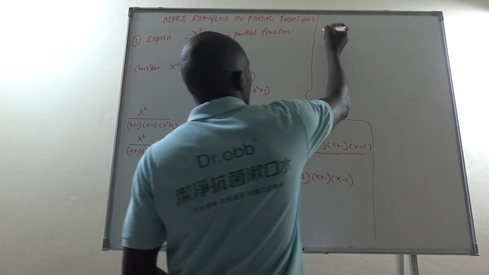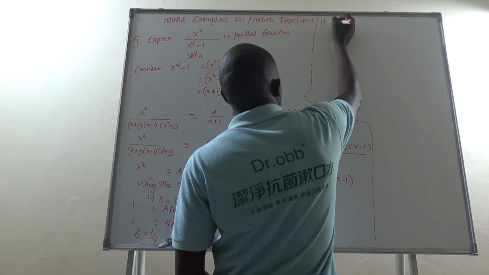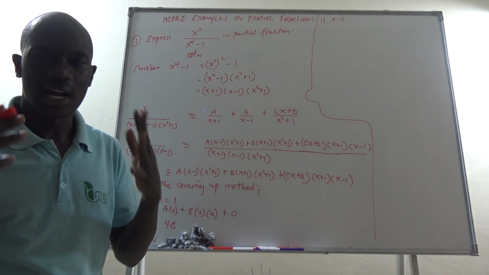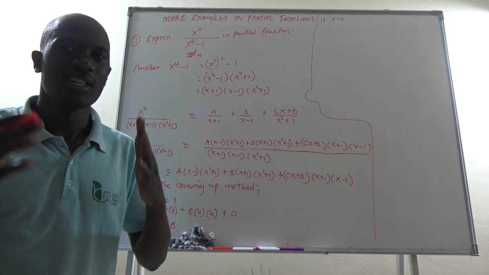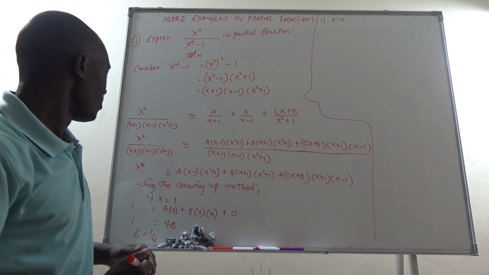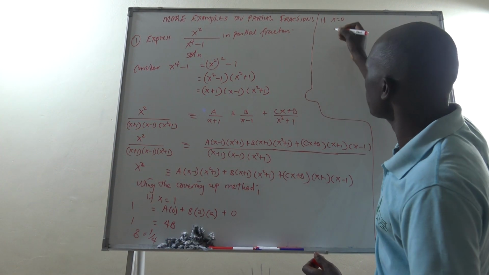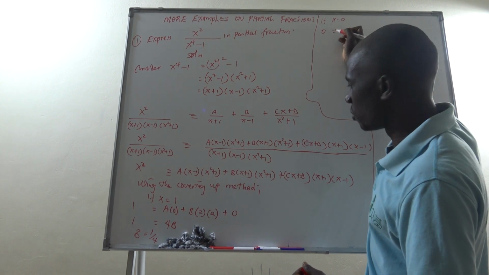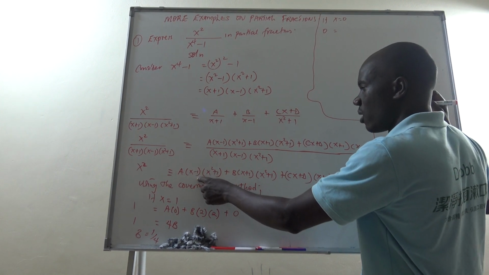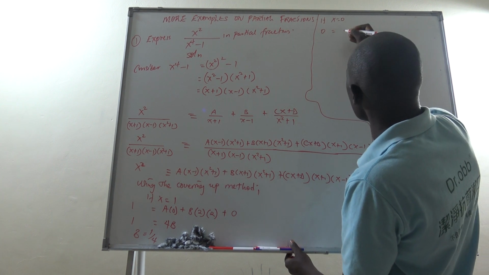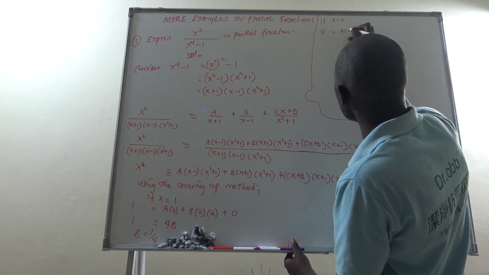If x equals 0, we substitute in any value such that we can easily eliminate some of these unknowns. On the left-hand side we have 0 squared, which is 0. On the right, 0 minus 1 remains as negative 1, so we have a into negative 1.